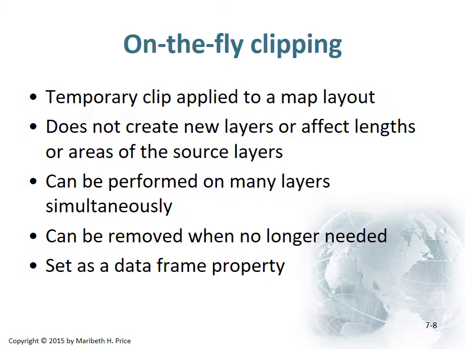They're still fine, they're intact, they're just being displayed basically through that polygon data set, kind of like as if it's a window that you're peering in, and the only thing you can see is what's in the window. You can't see the rest of the house. And so that's something that you set in the data frame as a data frame property. You say, here's a layer to use or a data set to use for this on-the-fly clipping routine.